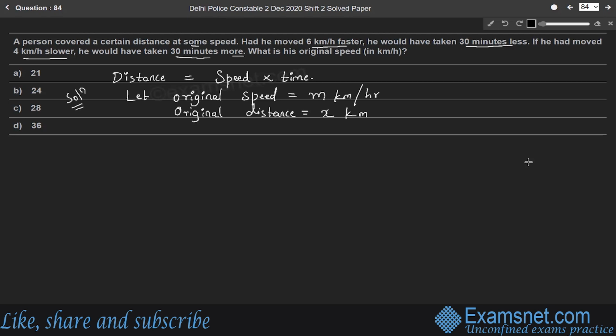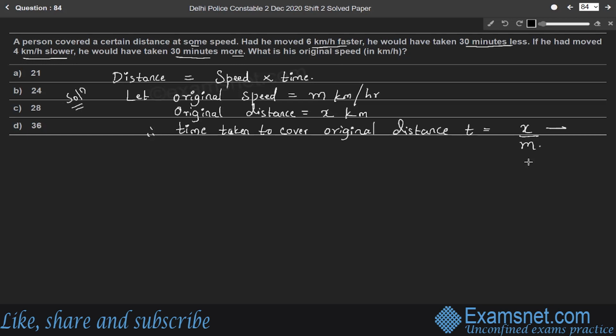So the time taken to cover the original distance, the original time t, is equal to distance by speed, that is x by m.